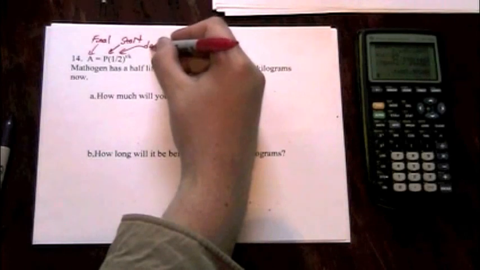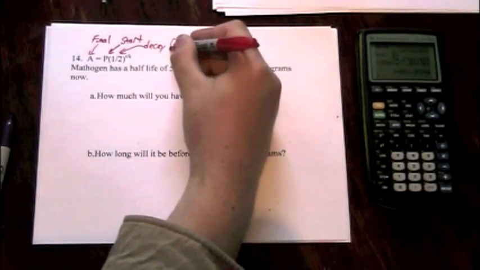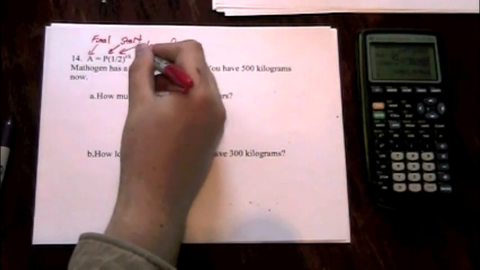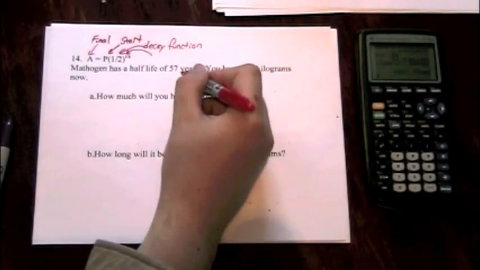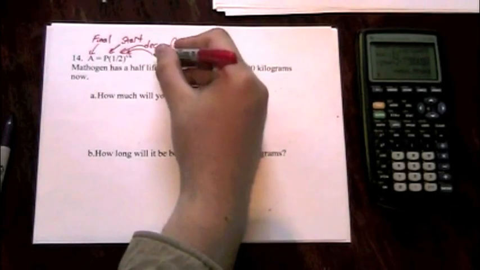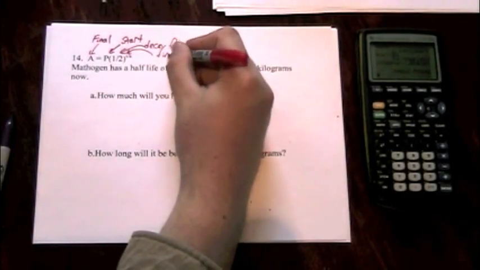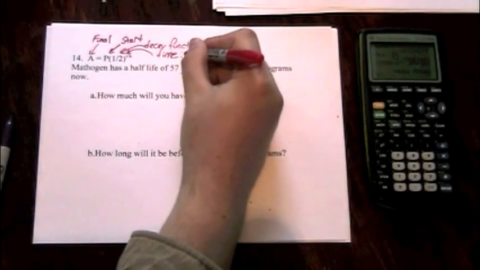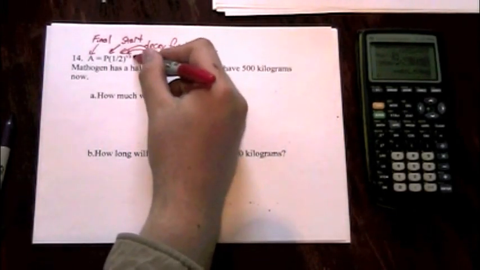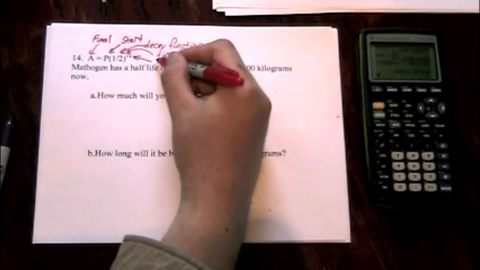So let's call that the decay function. T, this problem appears to be in years, so T is going to be time in years, and K is going to be our half-life.